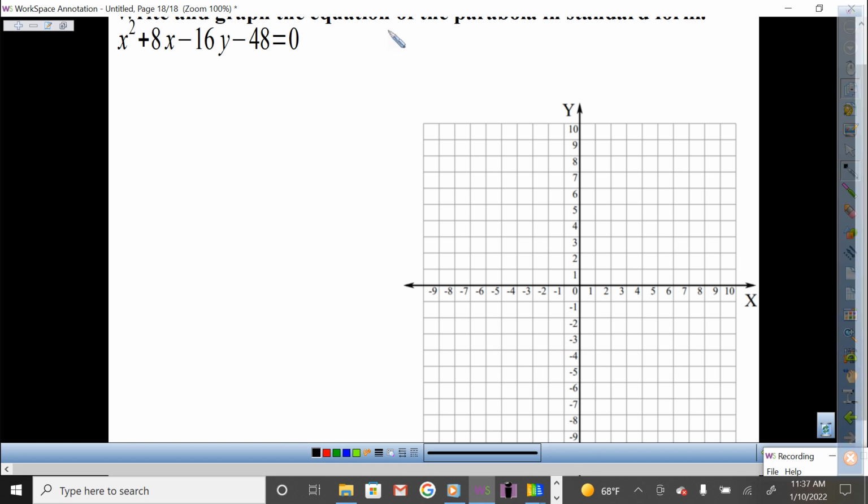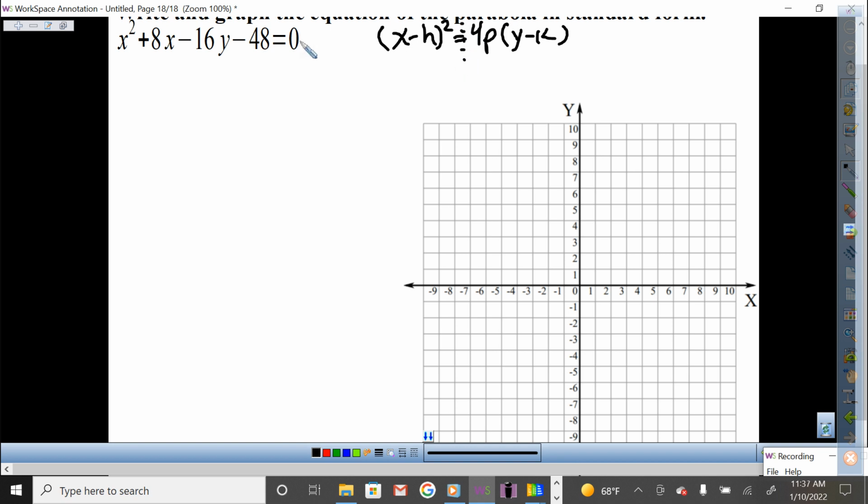So tell your neighbor what you're going to write next to it as your standard form. What do I write, everyone? Yeah: (x minus h) squared equals 4p(y minus k).